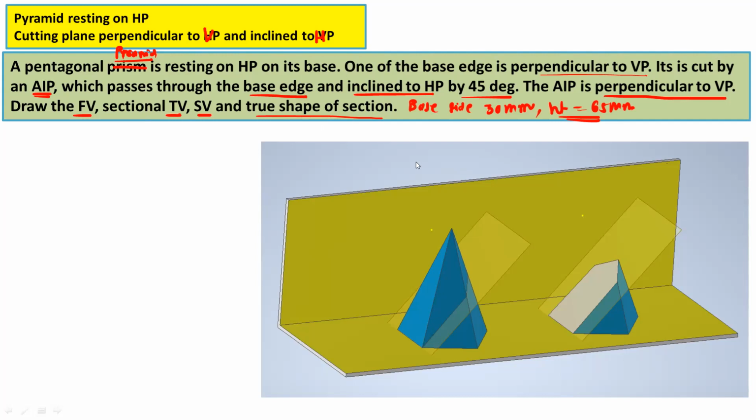Now this pyramid is cut by the section plane, which is inclined to HP and perpendicular to VP. So in the first image, you can observe the complete pyramid. So this inclination with respect to this horizontal plane is 45 degrees.